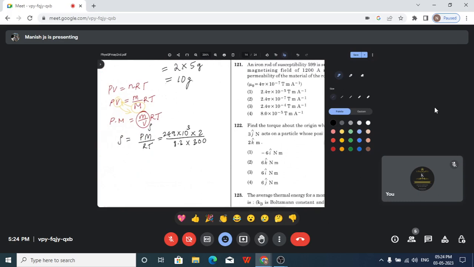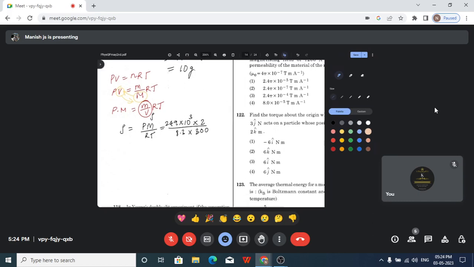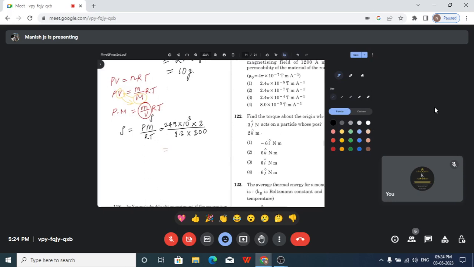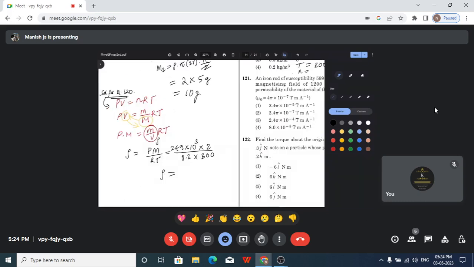That is all. If you simplify this, you will get the answer. Go for a simplification. How much are you getting if you simplify this? Either way, you have to go for a simplification.